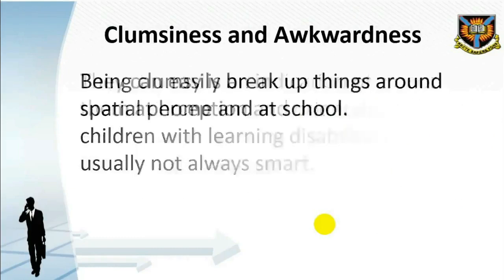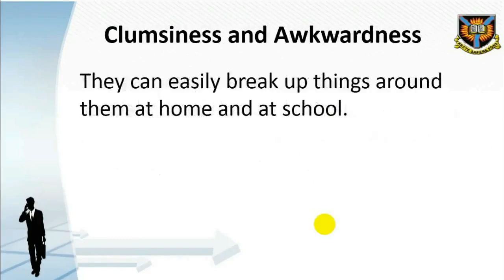They can easily break things around them at home and at school. There is always an inability to be mindful of objects around them. They do not know how to handle or take proper care of things, both at school and at home.